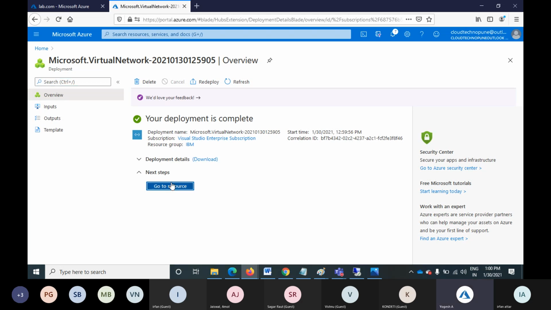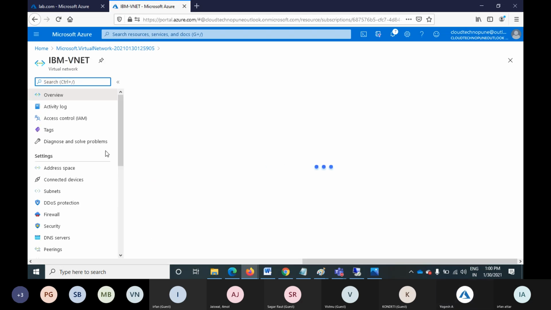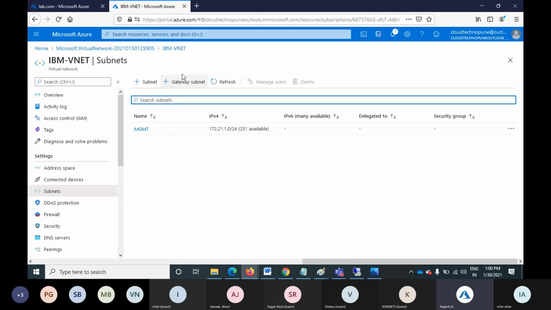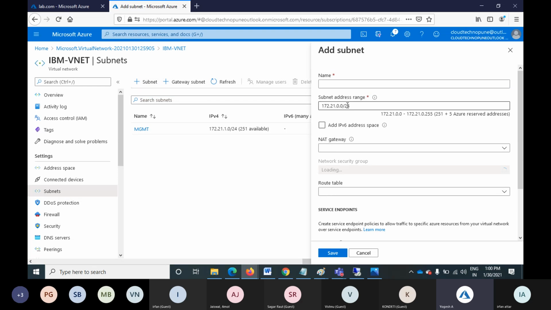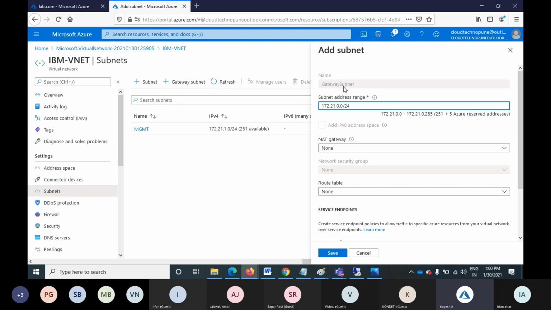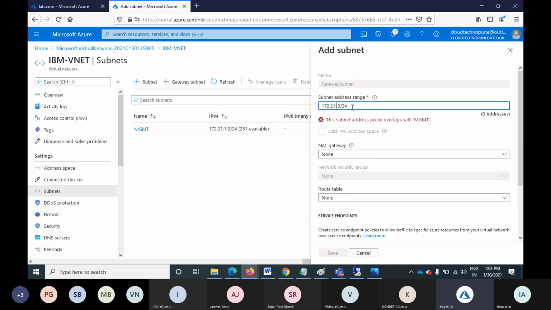Okay, so the VNet is deployed, and when you go into the subnet, there is an option to create a gateway subnet. We can use a subnet and put the gateway subnet there, or we can directly click gateway subnet. The name is hard coded, we cannot change it: GatewaySubnet, with 2.0.